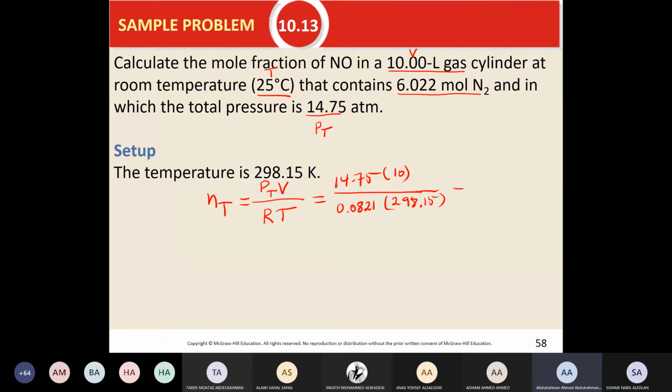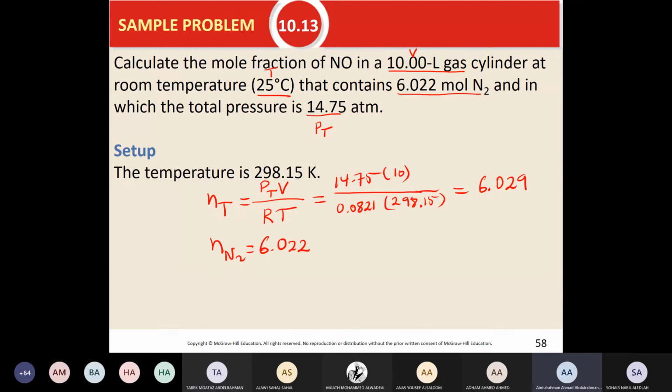Okay, give me an answer. 6.029. Okay, what's the number of moles of N2 only? It's given to you. What is it? 6.022. 0.02.